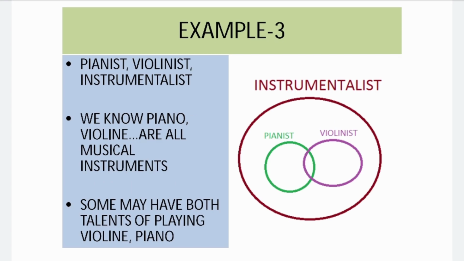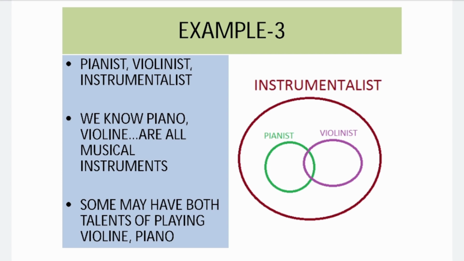Coming to the third example, the relation between pianist, violinist, instrumentalist. You all know that instrumentalist consists of pianist, violinist and so on. Here I took only pianist and violinist. Here instrumentalist consists of pianist and violinist. If you observe the diagram carefully, you may observe a link or an intersection between pianist and violinist.